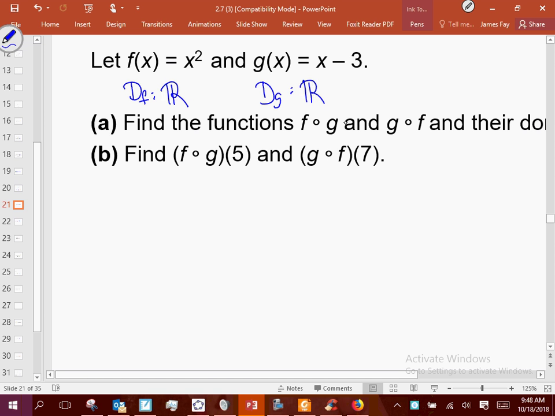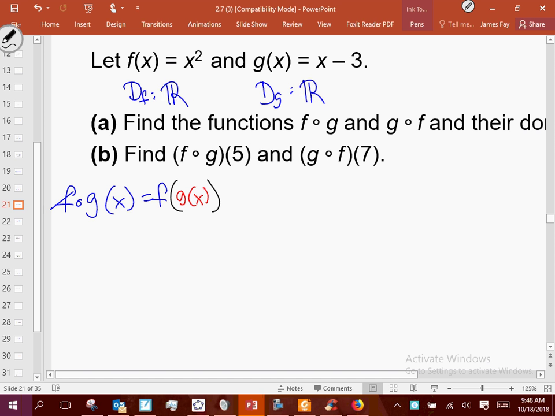So let's find the function F composed of G. F composed of G of X. Okay? The way I would write that is to start with F, and I'm going to compose it with G. All right, with you guys right now, I'm going to use colors because I think it allows you to see.